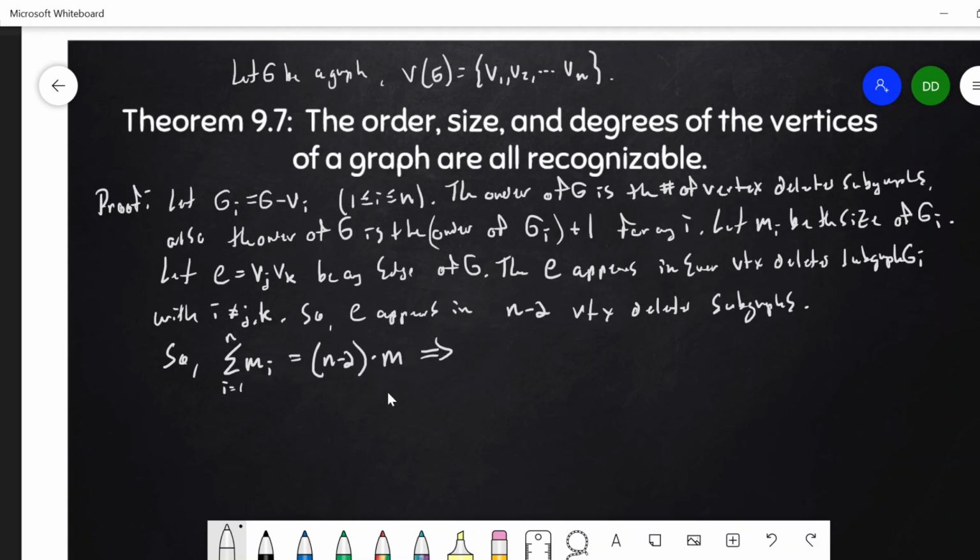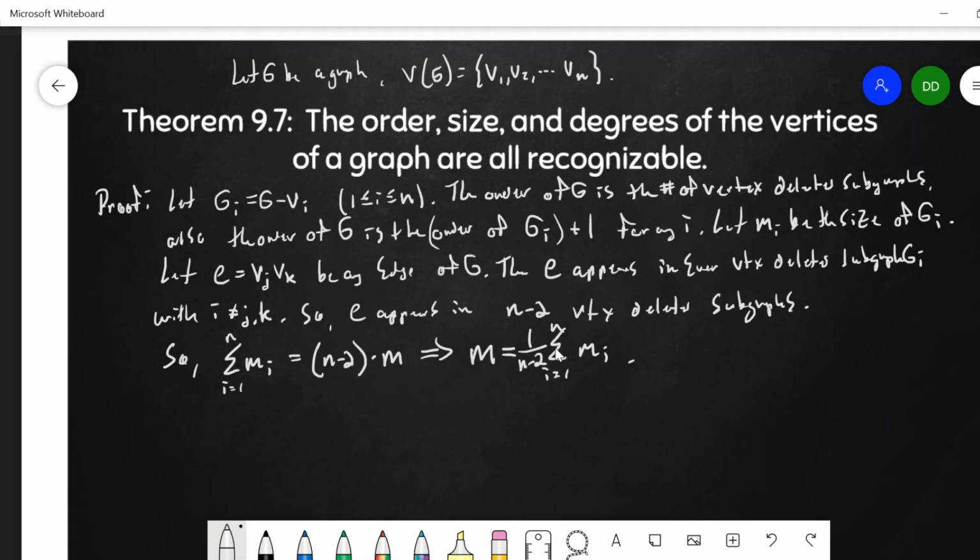So what does this mean? This means that m, the size of my graph, is exactly the sum of the m sub i's divided by n minus 2. So that's how we can recognize the size of G.